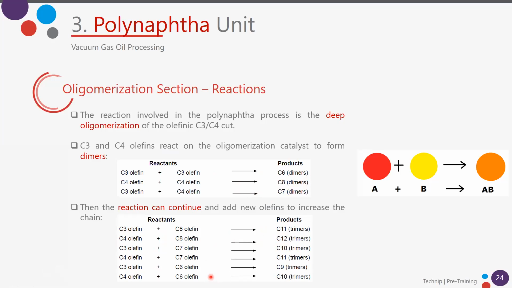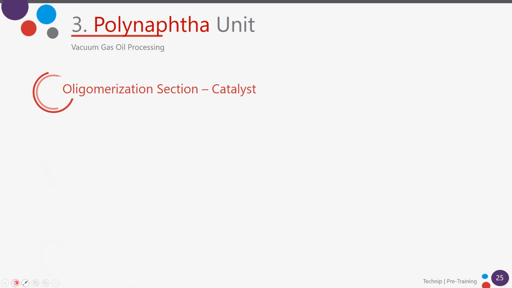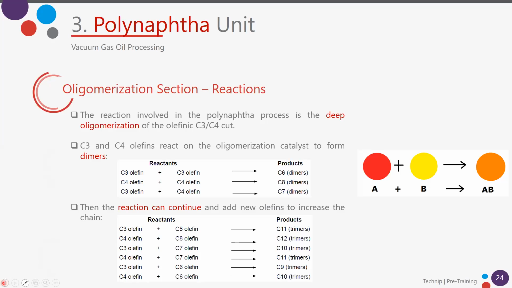So this is the basis of this oligomerization section. You have reactions between olefins to have this type of dimers or trimers, okay, products. So these are more or less the reactions that will take place in the unit, okay?